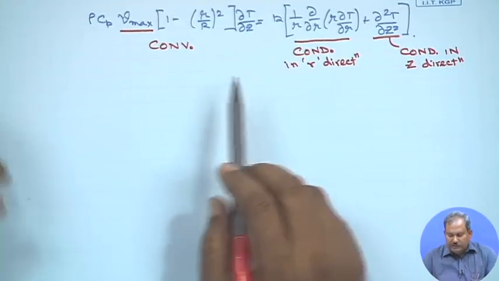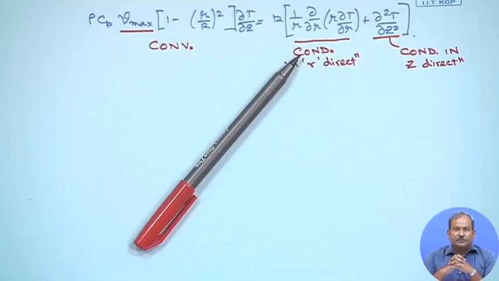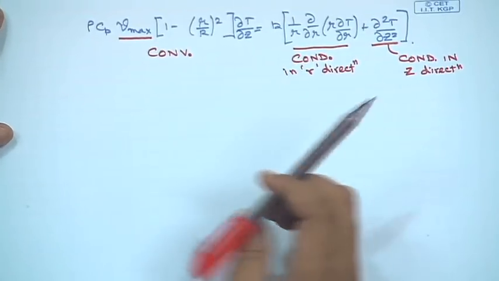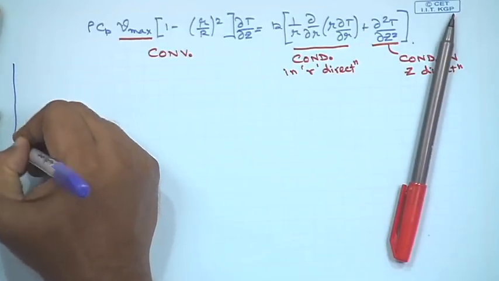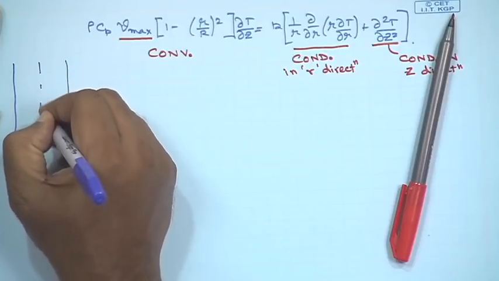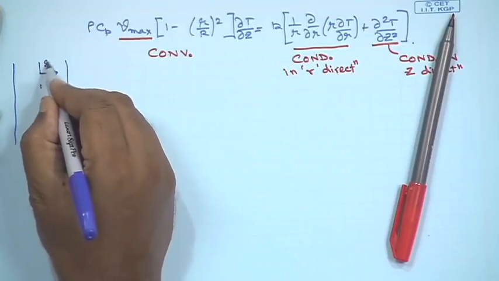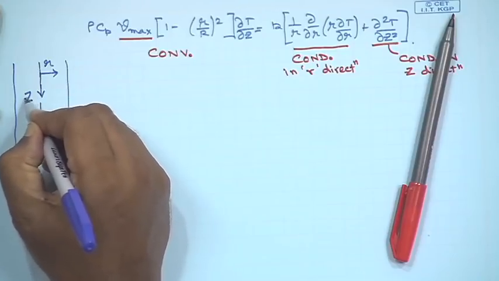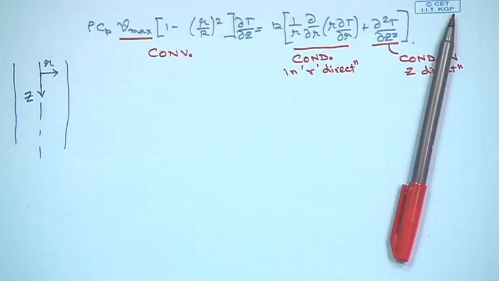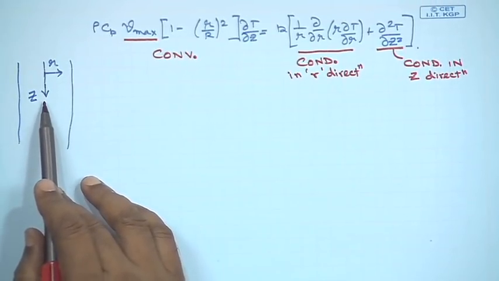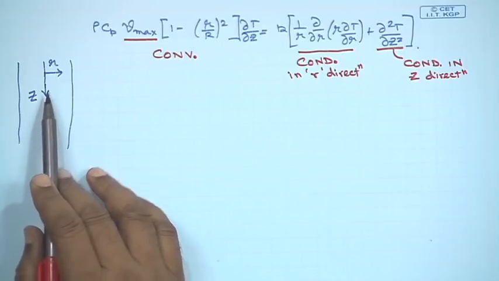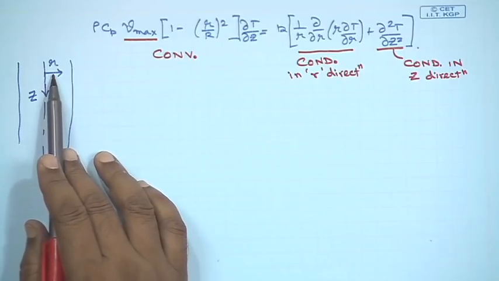Now, if you consider the effect of these terms in the energy transport process, you would see that there is going to be a significant variation in temperature in the r direction in comparison to the temperature variation that you would get in z direction, or in other words, the conductive heat transfer in the z direction will contribute significantly less in comparison to the conductive heat transfer that you would get in the r direction.